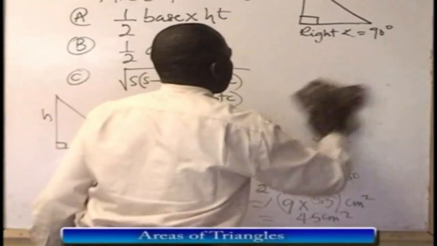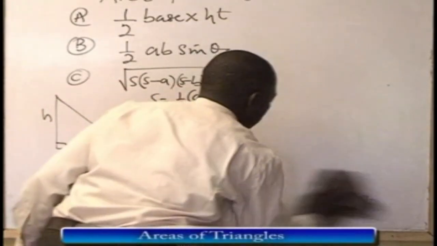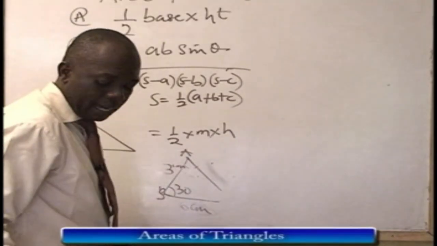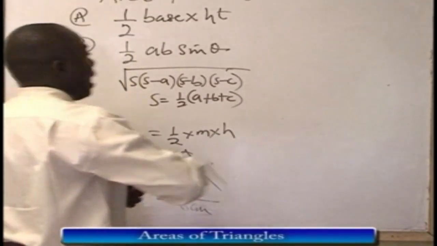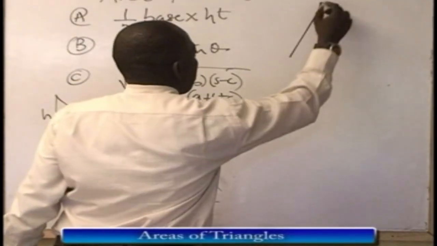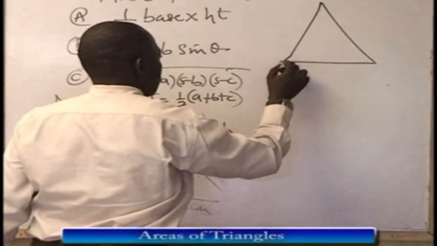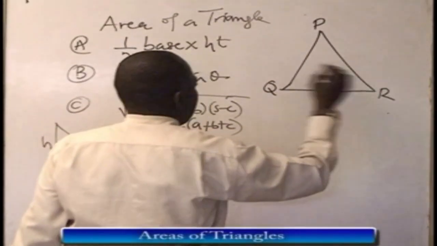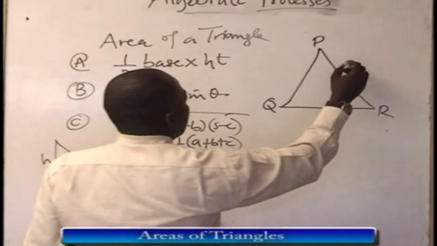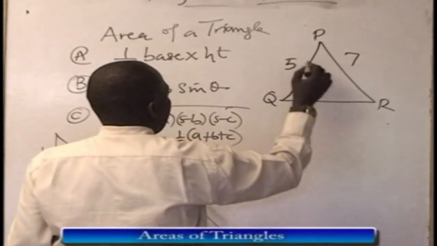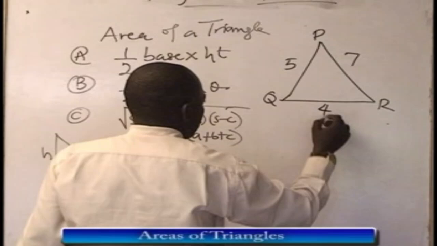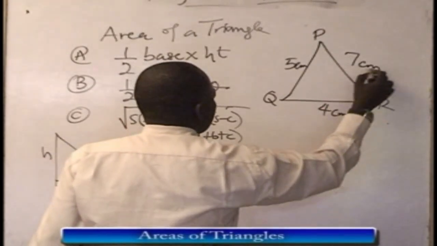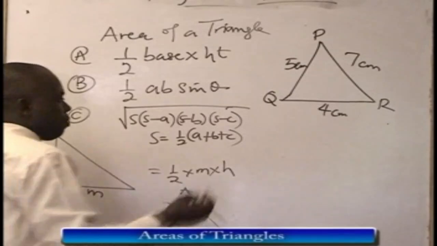Look at this. If you encounter this question in your exam, triangle PQR, and you have been given 7, 5, 4, and you are asked to find the area.